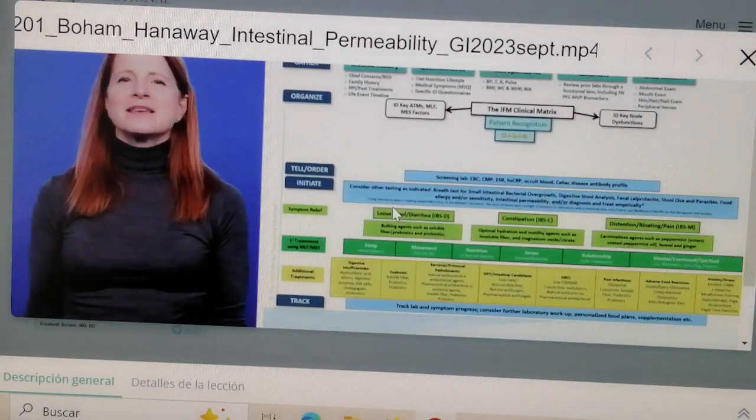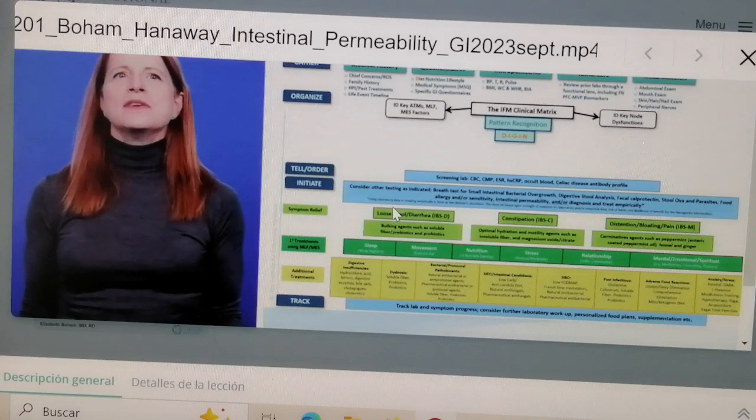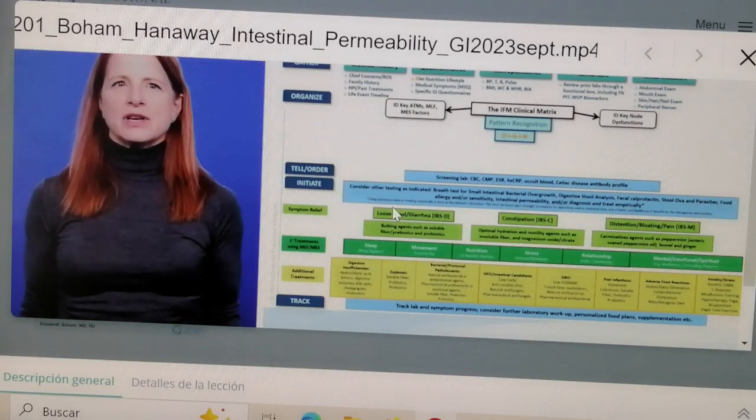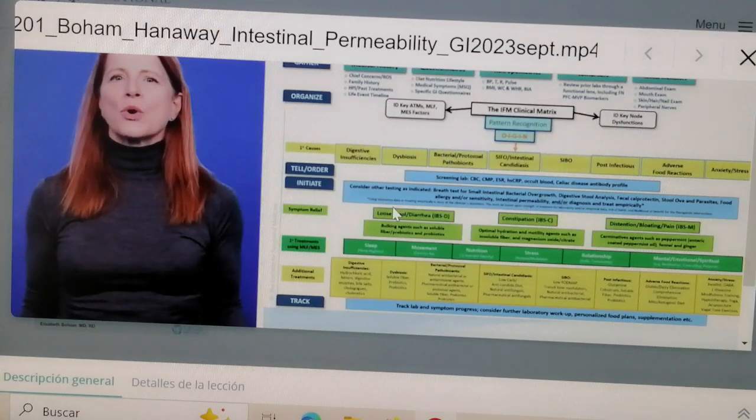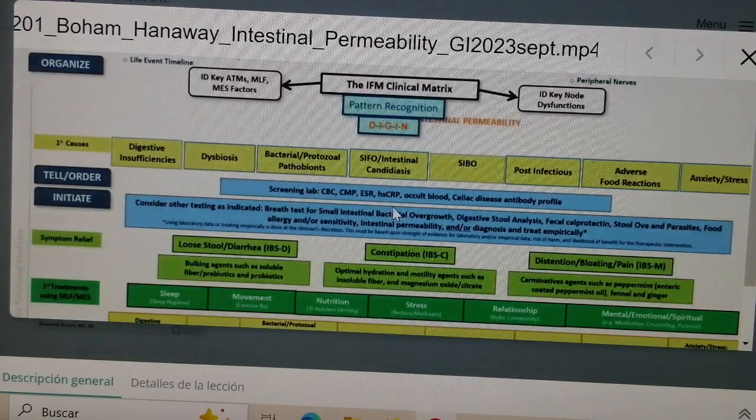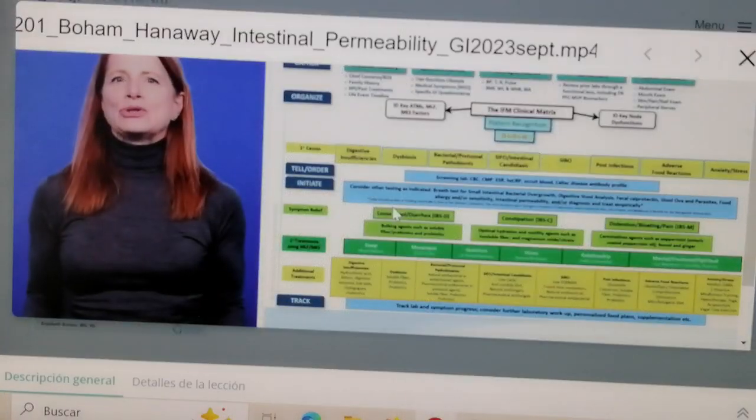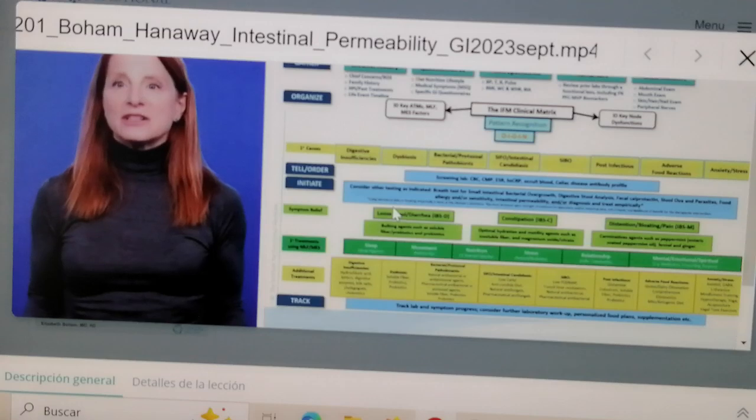Just to orient us, yesterday we showed you the IBS clinical decision tree. And remember in that organized part, when we're organizing it around that dig-in framework, we've got all of those things that may contribute to symptoms of IBS and intestinal permeability. It can be related to all of these things, from digestive insufficiencies to dysbiosis to SIBO to adverse food reactions.